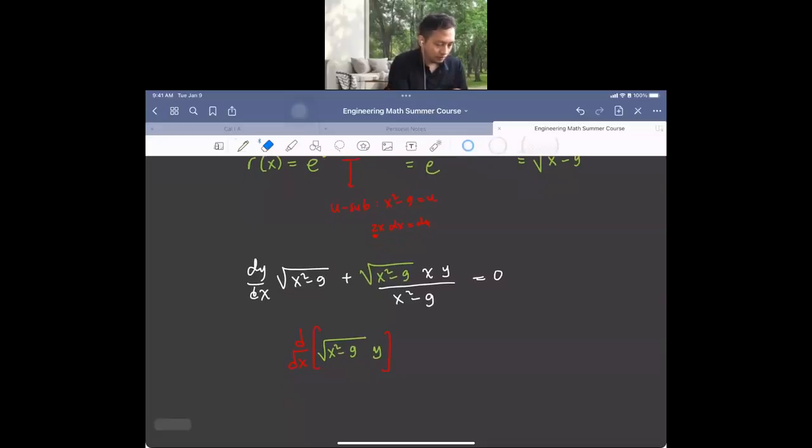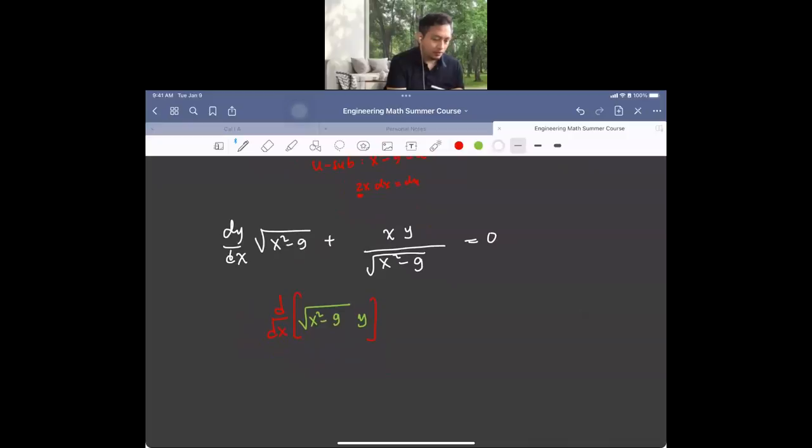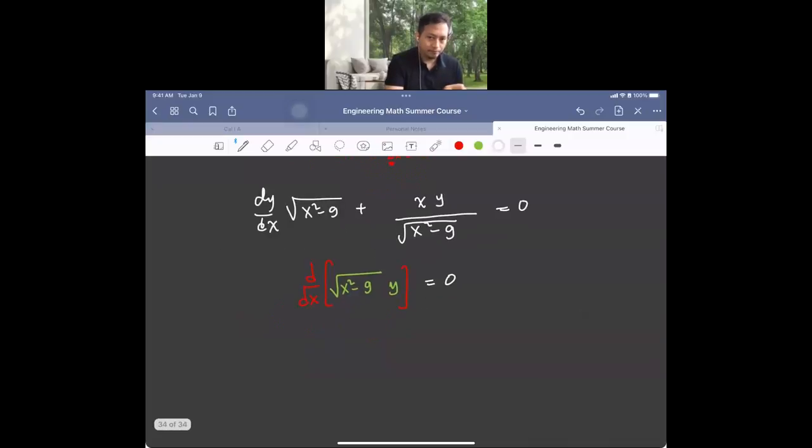Okay. And we can check. I think I can rewrite this directly with the square root, and this is equal to 0, right? If we integrate, this gives us the square root of x squared minus 9 times y equals a constant. So y becomes c over the square root of x squared minus 9.